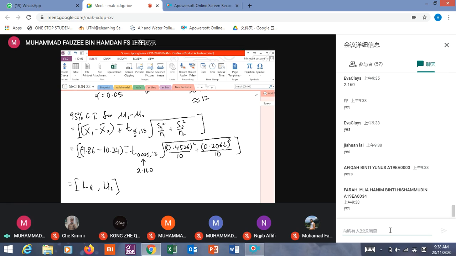Don't worry, as long as your method is correct. If there is a difference, I will check why. Maybe you rounded the numbers too early, so don't round too early. You need to give up to 4 decimal places, just like 0.4526 and 0.2066.